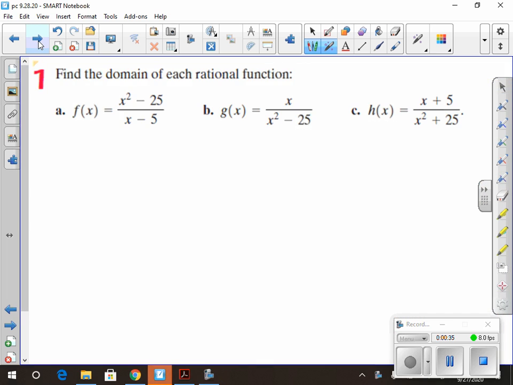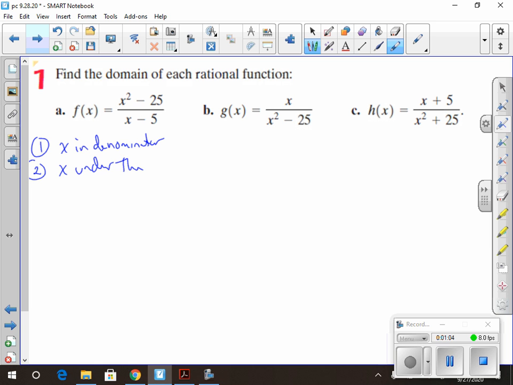So to jump into this, we first start out with find the domain of each. Now, in order to find the domain, remember we had two things we're looking for. Number one, x's in the denominator, and number two, x's under the radical.